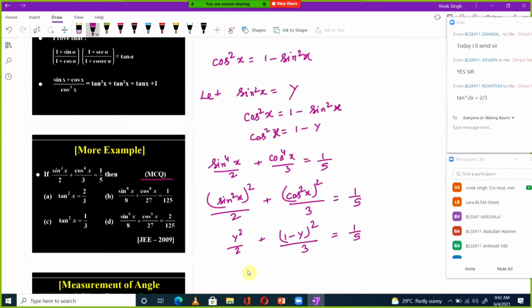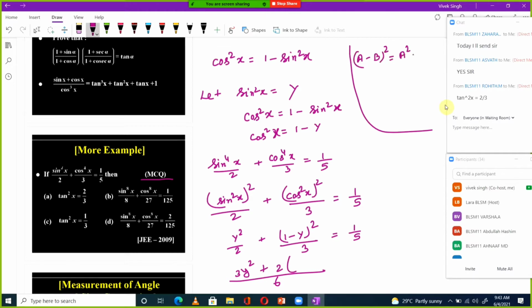Now what to do? Expand this 1 minus y whole square and take LCM. So if you take LCM, what will be your LCM? 6. This 3 will be multiplied in this y square, so you will get 3y square plus 2 will be multiplied here, so 2 into 1 minus y whole square. Can you expand it? A minus b whole square formula. What is that formula?